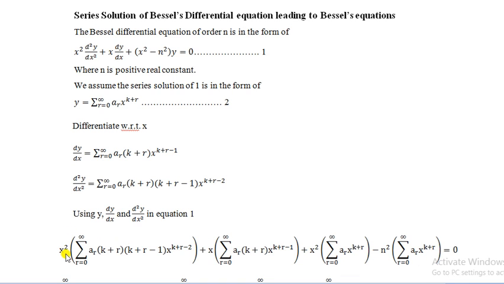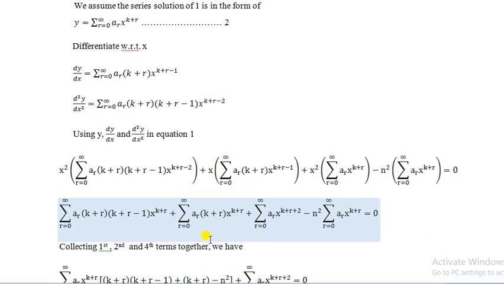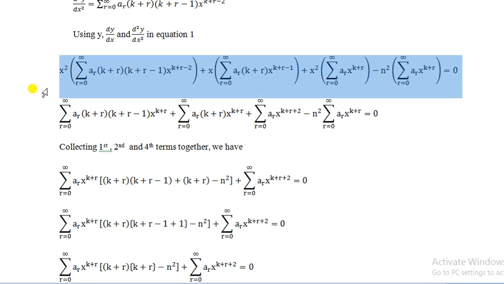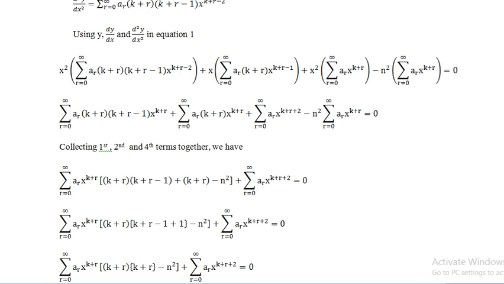So now we multiply the first bracket by x square, the second bracket by x, the third bracket by x square. After multiplying the first bracket by x square, the power is x raised to k plus r minus 2 into x square.